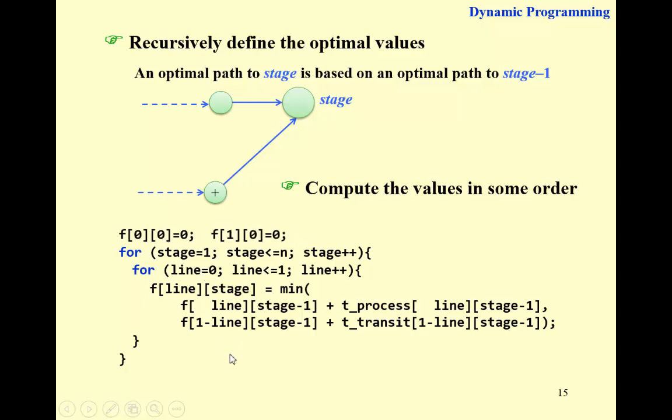To be zeros, right? And what is the final solution? The final solution can be obtained by comparing the solutions at the last stage, right? So the final solution will be the smaller one between these two f of n's from both lines.